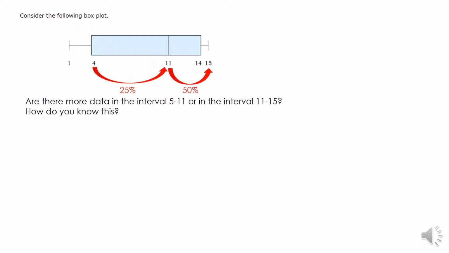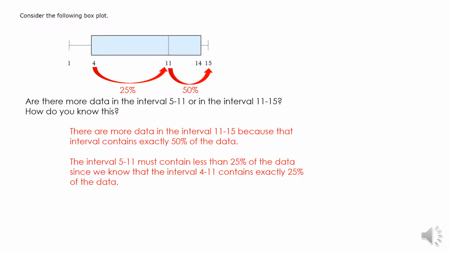So by looking at these 2 intervals, and by what we know about box plots, there are more data in the interval 11 to 15 because that interval contains exactly 50% of the data. And the interval 5 to 11 must contain less than 25% of the data, since we know that the interval 4 to 11 contains exactly 25% of the data. So there's definitely more data contained in the interval 11 to 15.